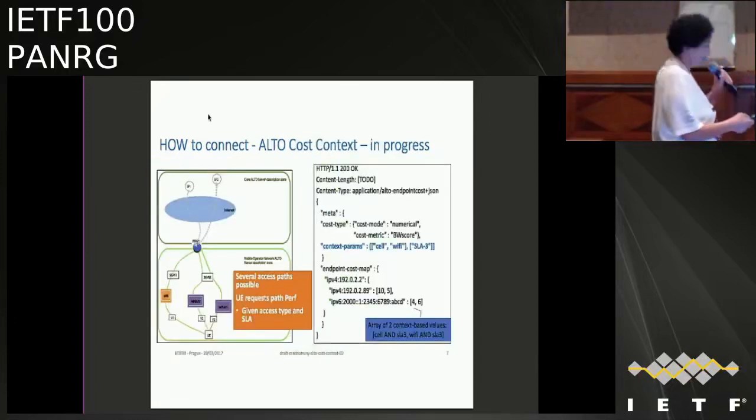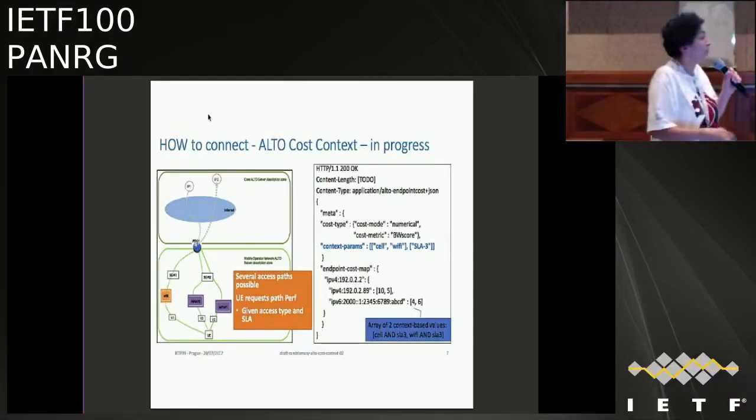So the second how to connect kind of extension here assumes that there are several paths available to the application, namely paths that relate to the access type. So here, for example, the application knows that it can connect via Wi-Fi or cellular, so it requests a path performance given its access type and SLA, and here it gets, for example, two values.